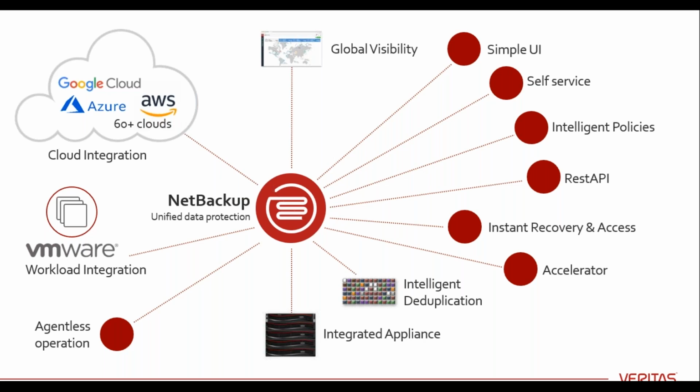So having agentless operation is a big part of this. And with the latest release of NetBackup, you can operate agentlessly within the VMware space. And from a cloud integration perspective, we offer over 60 different cloud storage targets, including the cloud leaders like Amazon Web Services, Microsoft Azure, and Google Cloud.